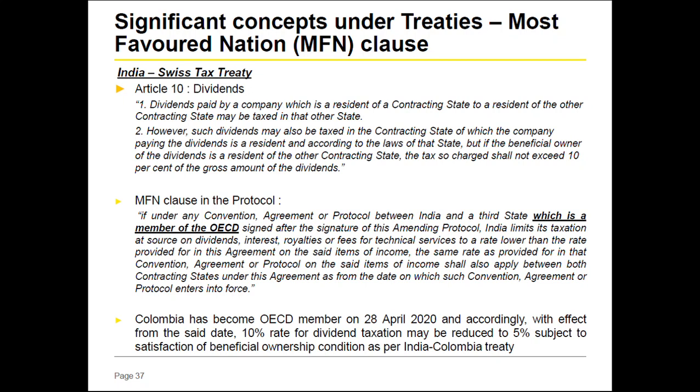Colombia has become eligible for the most favored nation clause. The country should be an OECD member. Colombia became an OECD member on 28th April 2020, and accordingly, with effect from the said date, the 10% rate of dividend may be reduced to 5%, subject to satisfaction of the beneficial ownership condition as per the India-Colombia Treaty.